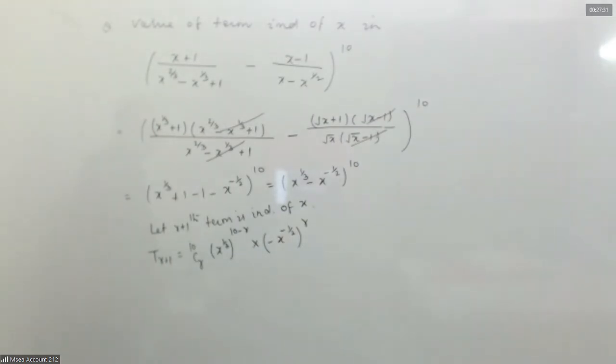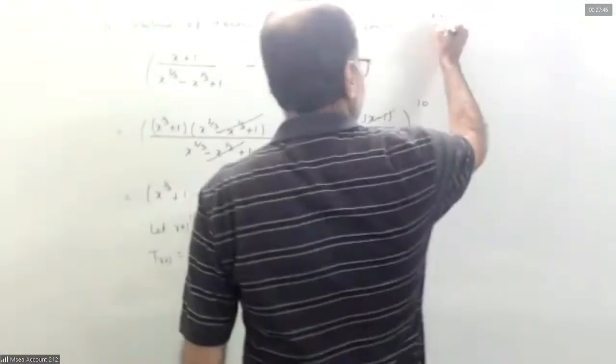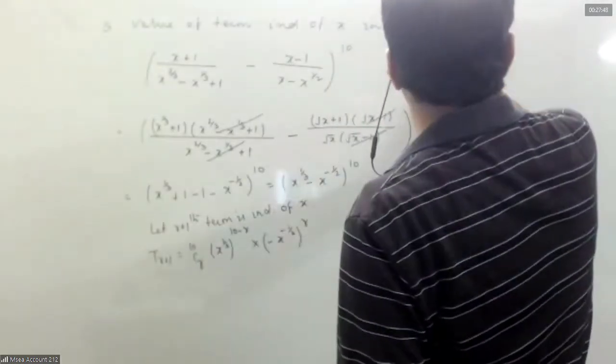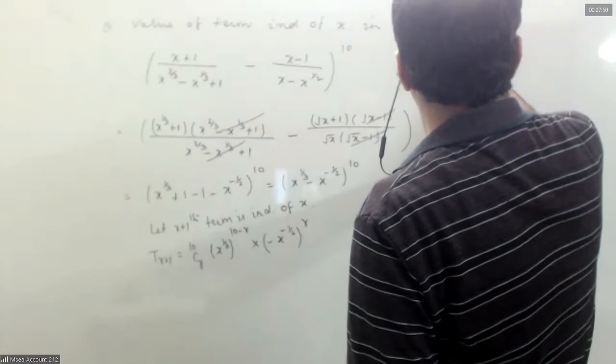What is the exponent of x? 10 minus r by 3 minus r by 2.